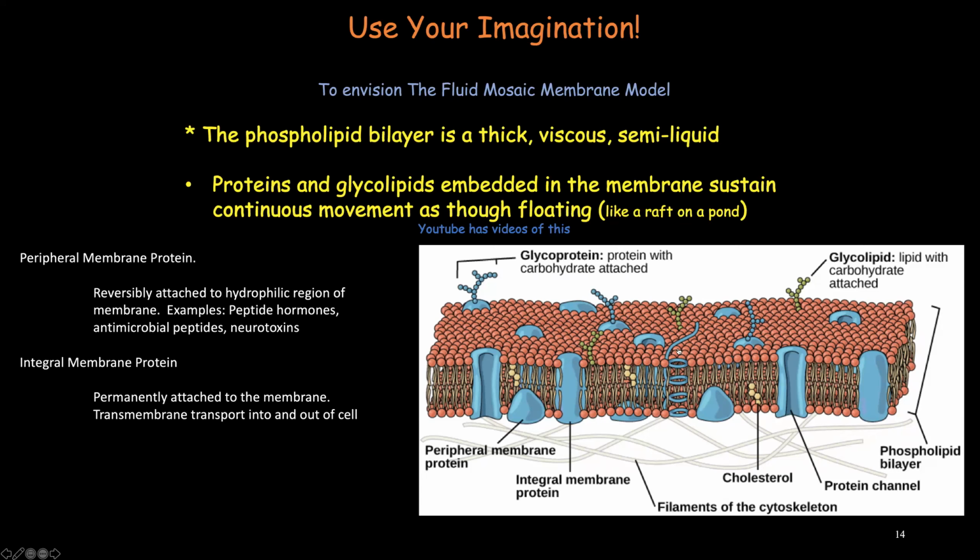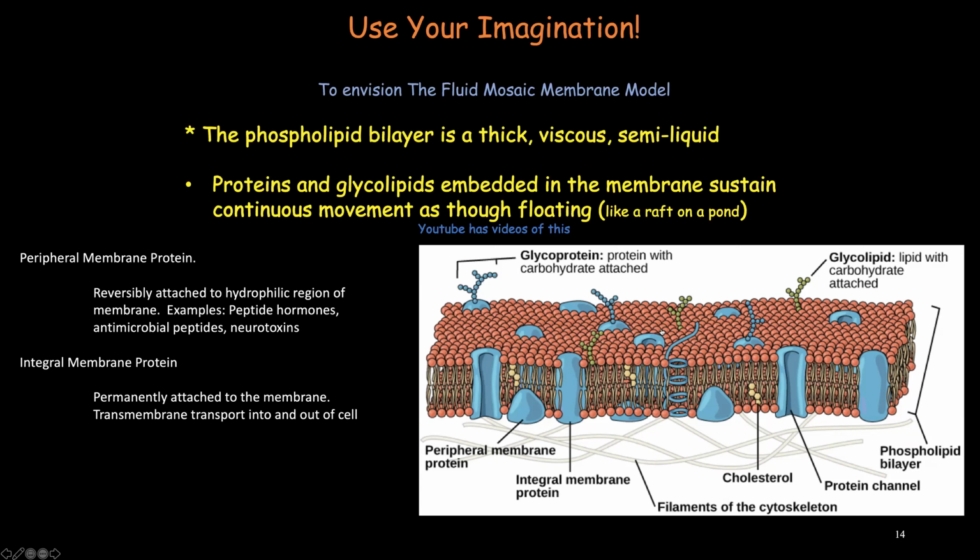So I want to emphasize that all these proteins, some of them are peripheral, they go part way through, some go all the way through, and there are some of the sugars and fats on the surface. All of these things are in constant motion.